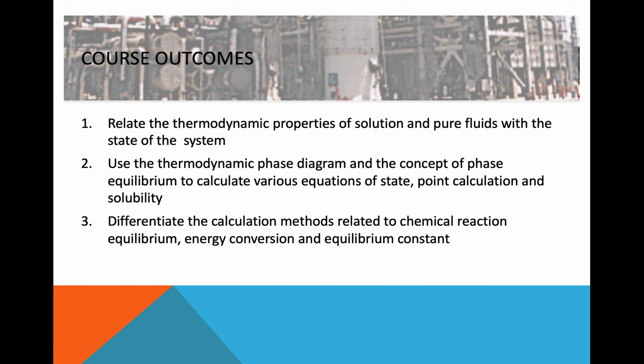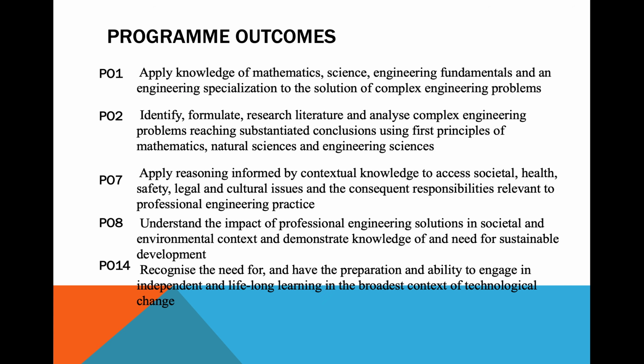And the second one is that at the end of the course, students will be able to use the thermodynamic phase diagram and the concept of phase equilibrium to calculate various equations of state, point calculations, and solubility. And the last one is to differentiate the calculation methods related to chemical reaction equilibrium, energy conversion, and equilibrium constant. So basically, I can see energy balance, thermodynamics, and chemical engineering thermodynamics are quite related to each other.